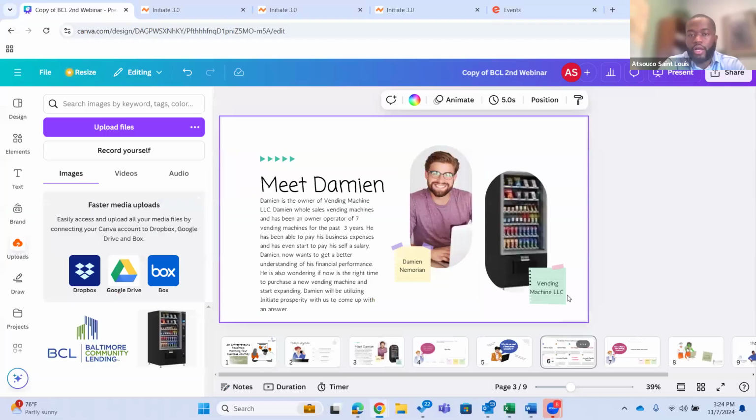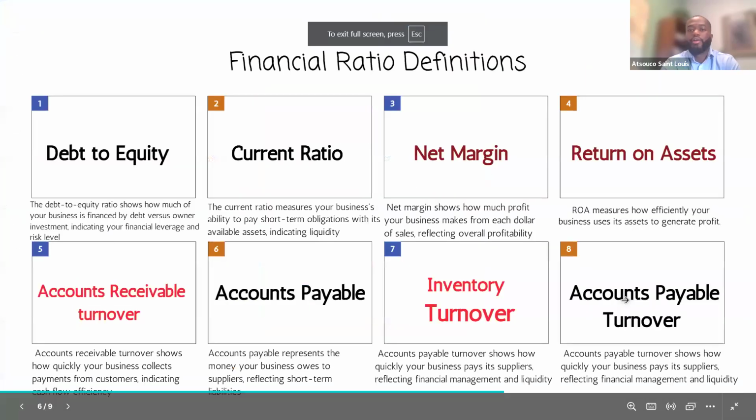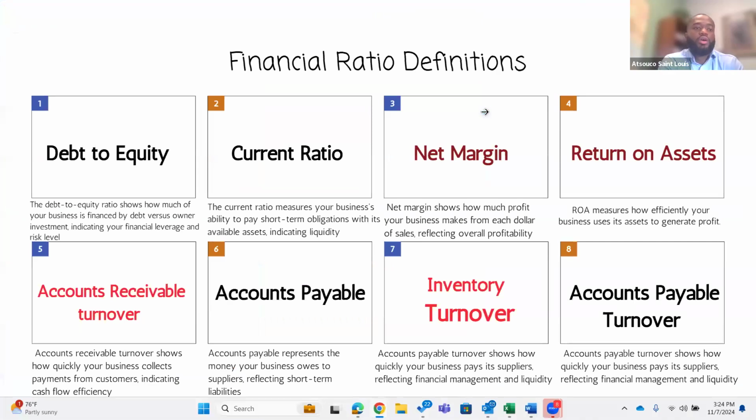let's understand or kind of do an overview or a little reminder of what some of these ratios mean. Okay, so first and foremost, financial ratios are not all equal, right?